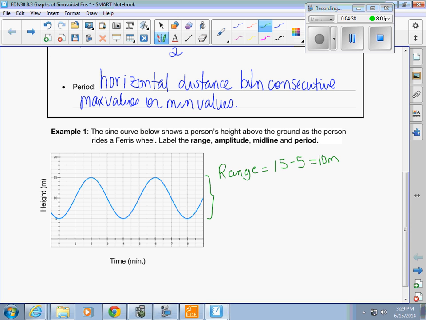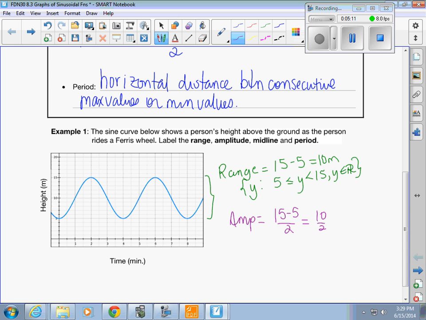So if we were to write this, then the range is a set of values for y such that y is in between 5 and 15. The amplitude then, so amplitude is your maximum minus your minimum divided by 2.